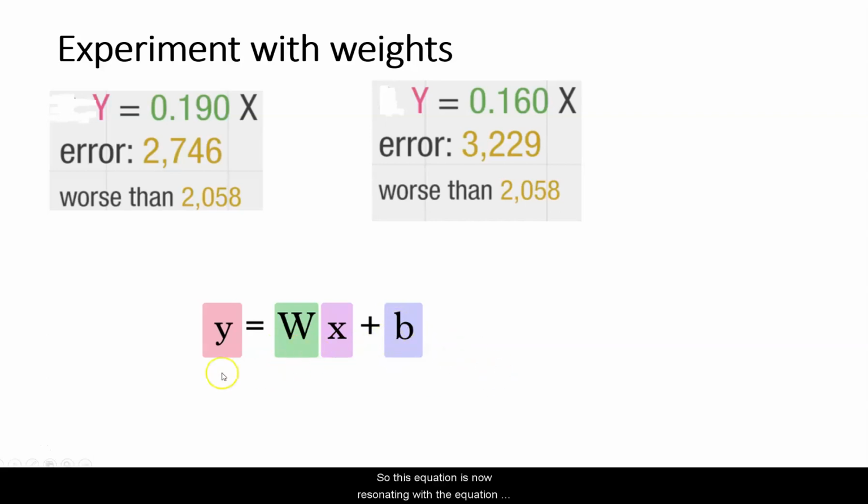So this equation is now resonating with the equation of a straight line, where we say the equation of a straight line is nothing but y is equal to mx plus b, where m is the slope and b is what is called the y-intercept.